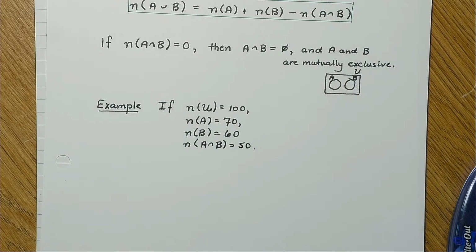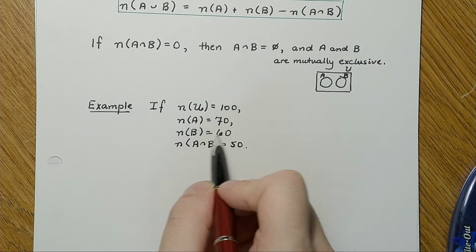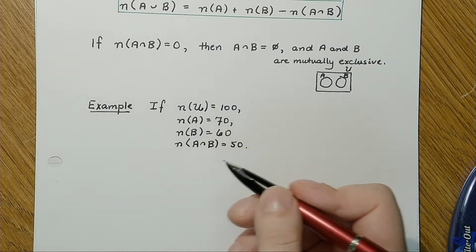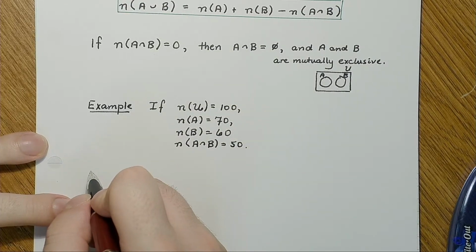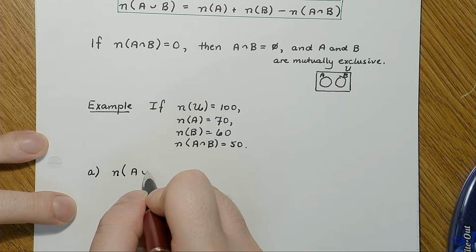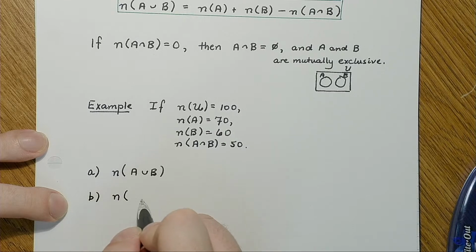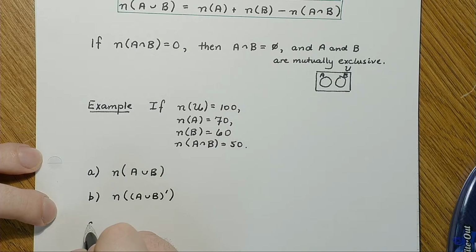Okay, so if I have the universal set is 100, I have A is 70, B is 60, and the intersection is 50. Okay.